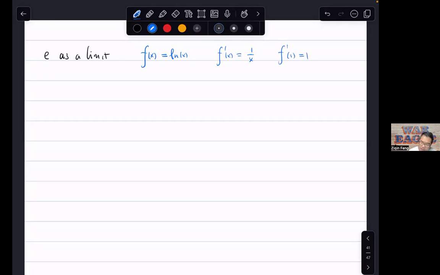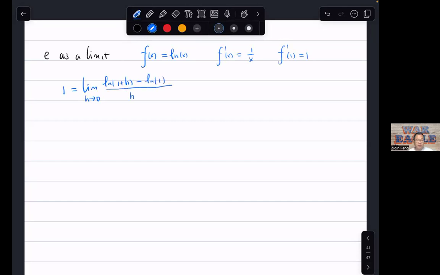That means 1 equals, as h goes to 0, natural log of 1 plus h minus natural log of 1, over h.